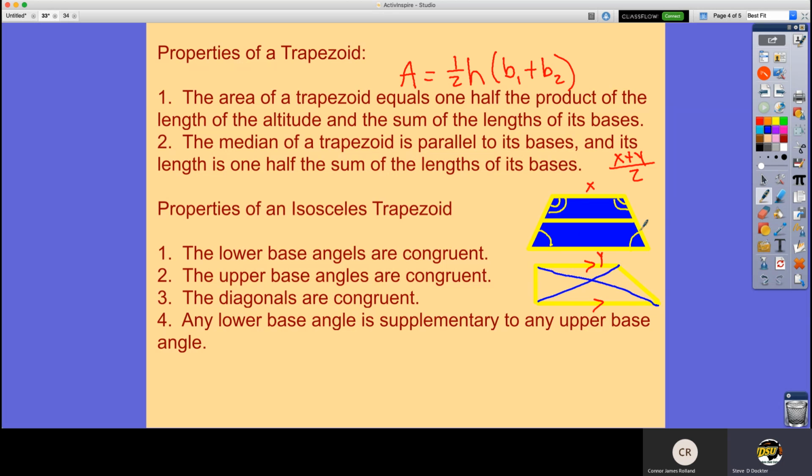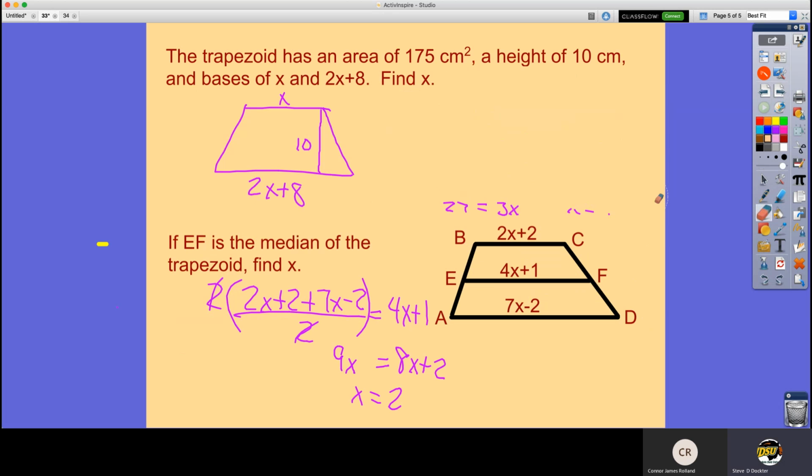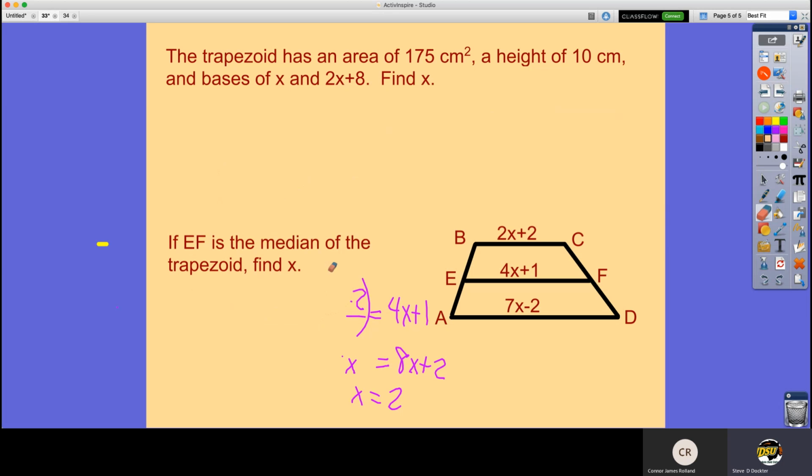Any questions on the different properties for each one of these shapes? Really, the only extra thing that they would ask you would be something similar to both of these questions. So go ahead and copy them down, and then we'll do these problems.